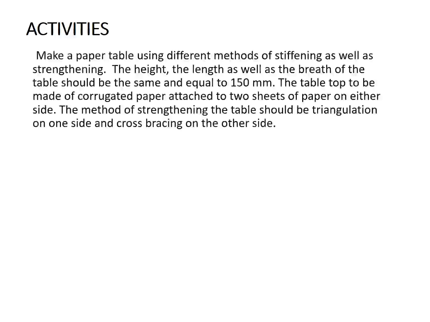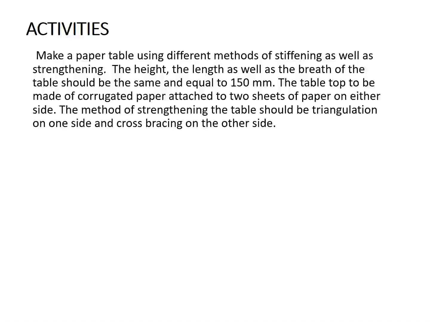Now let us do an activity in order to check whether we understood the different methods of stiffening and strengthening of materials or of structures. Make a paper table using methods of stiffening as well as strengthening. The height, the length, as well as the breadth of the table should be the same and equal to 150 millimeters.